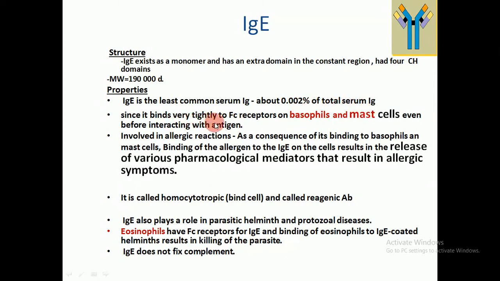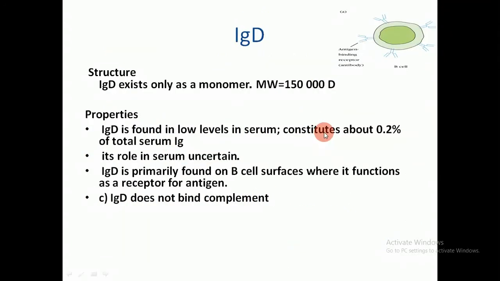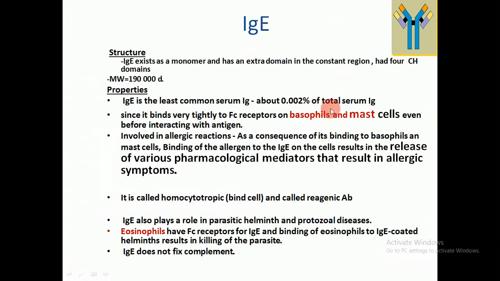It binds very tightly to the Fc receptor on basophils and mast cells even before interacting with the antigen. So it is present in low concentration in the serum because it is bound to the cells, basophils and mast cells. It is not present free in the serum.